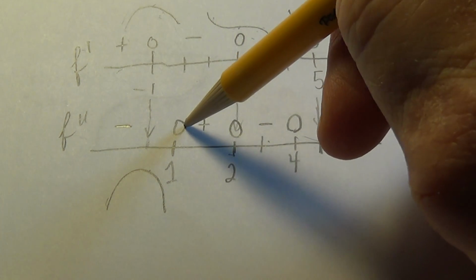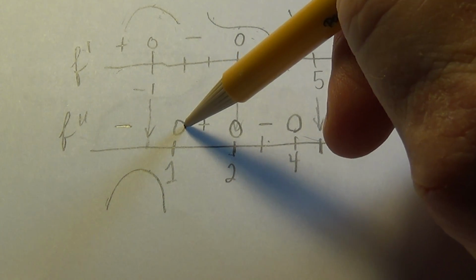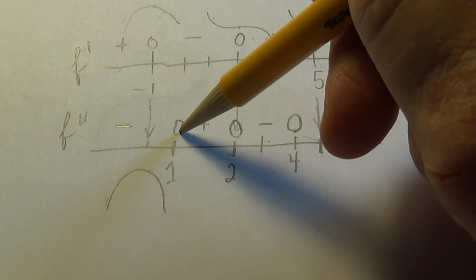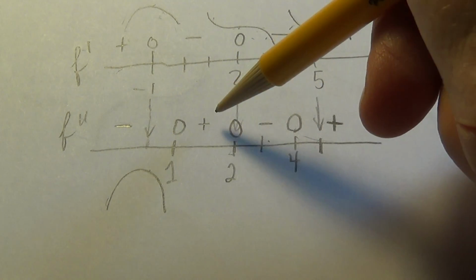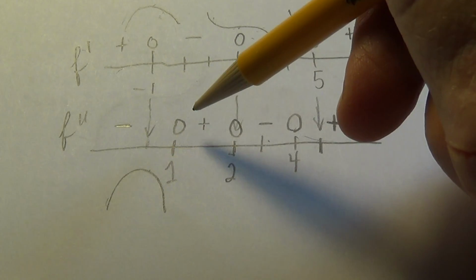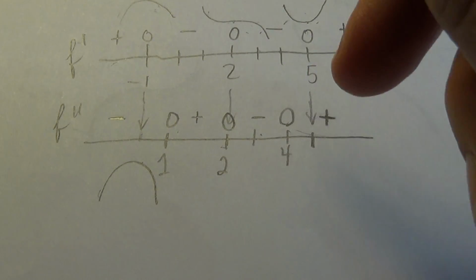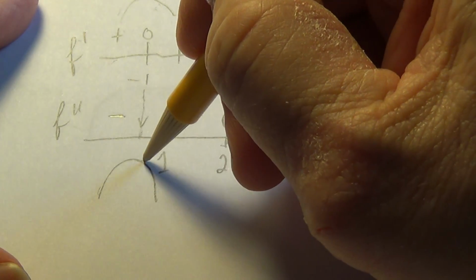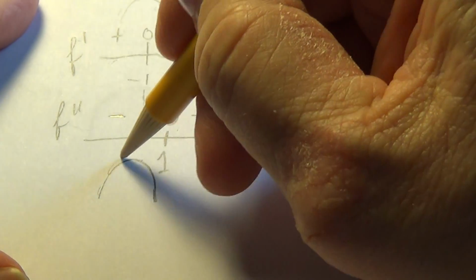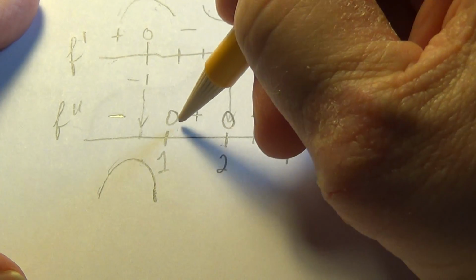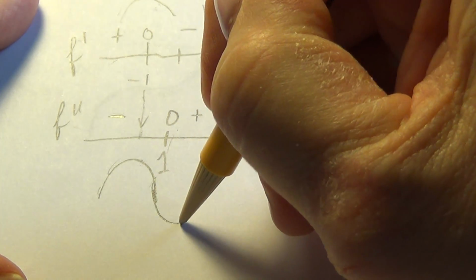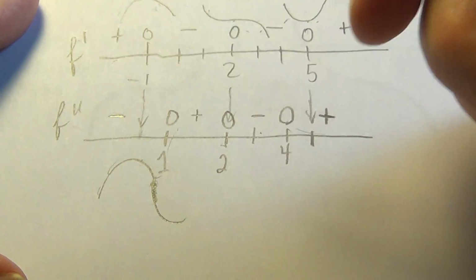Alright, here we have the second derivative zeroing out and then becoming positive. So it zeroes out when, as we talked about in the beginning, the frown becomes a smile, that's when the second derivative zeroes out.